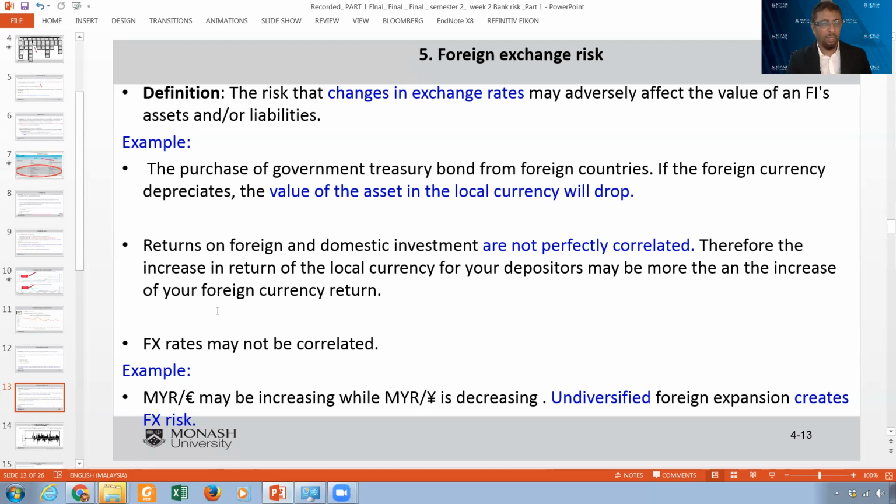This correlation between the currencies is not there, and this is why you always have a problem. The Malaysian ringgit to the euro is different from the Malaysian ringgit to the yen, so it doesn't mean the movement will be correlated.